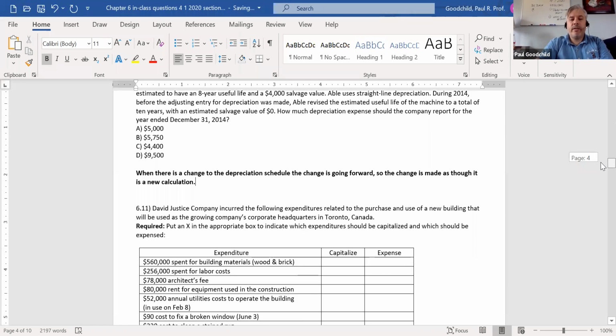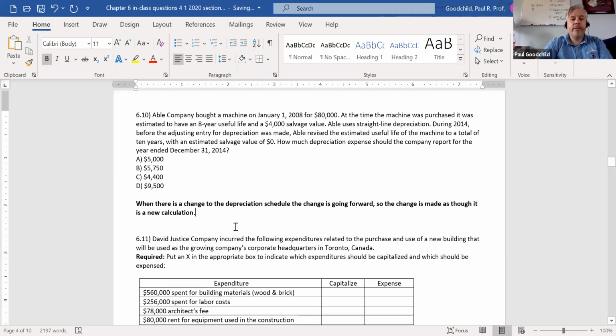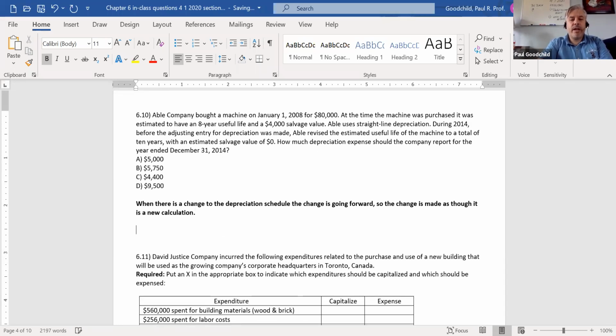So let's take a look at the facts and figures here. They use straight line. So we have straight line depreciation from 2008 through 2013. And the formula is 80,000 minus 4,000, which is the salvage value.